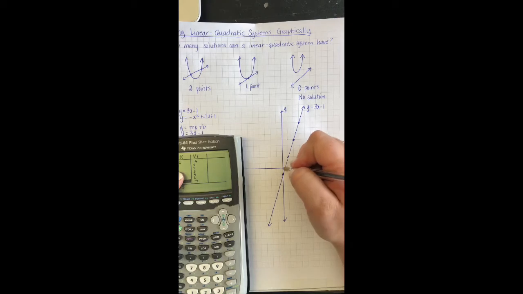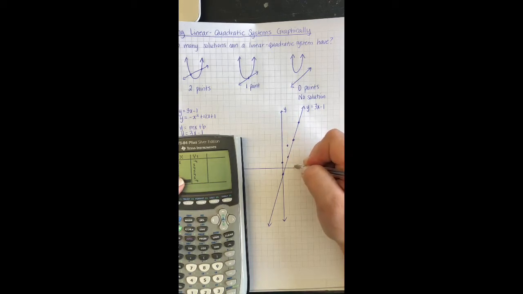So I'm going to start at 0, 1, and then 1, 4, and then 2, 5, there's that one intersection, and then I have 3, 4, and I have 4, 1.